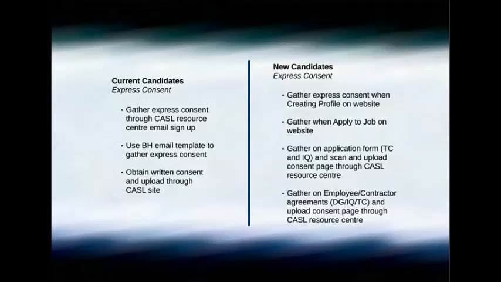We also have a Bullhorn email template to gather express consent from our current candidates. And we can also obtain written consent and upload that information through the CASL site. So there are a number of different ways where we can gather current candidate express consent. I will show you some of those resources later on in the presentation.